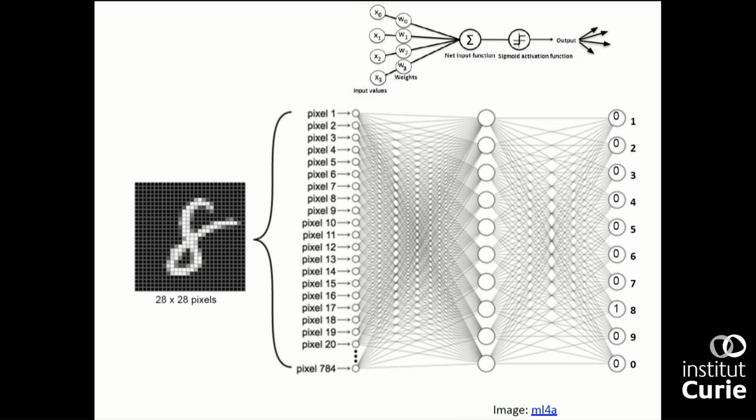Each of these pixels will be attributed one value, the corresponding intensity in gray levels of the image, and the output will consist of 10 numbers, each one corresponding to one digit. And for this input, what I want is that the output of this whole summation, where you can have negative numbers as well, plus this activation function, will give me, for 8s only, zeros everywhere except for this neuron.